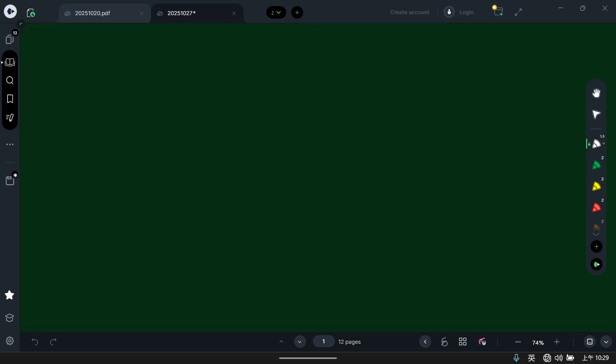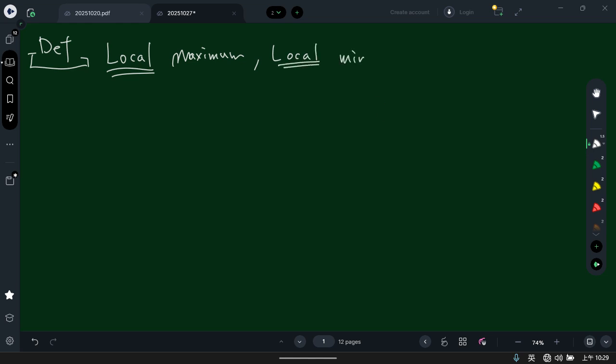Then we will go to the so-called local maximum value or local minimum.